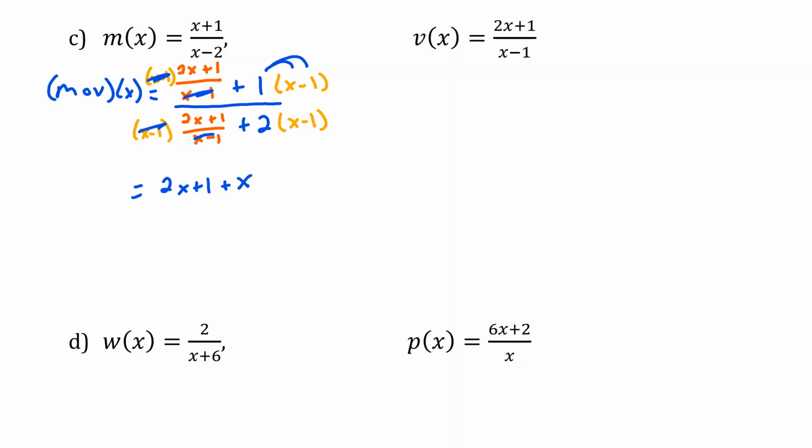So that's going to give me plus an x minus a 1 on the numerator. And then I will have a 2x plus 1. And then I'm going to multiply this 2. So I'll have plus 2x minus 2. And then I'm going to simplify the numerator and the denominator. So these 1's will simplify out. And so I end up with a 3x on the numerator.